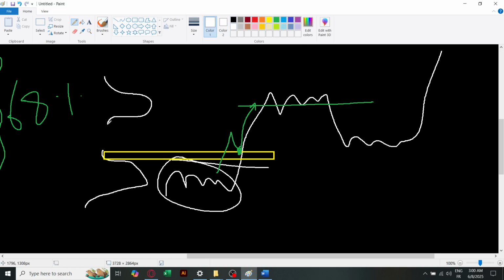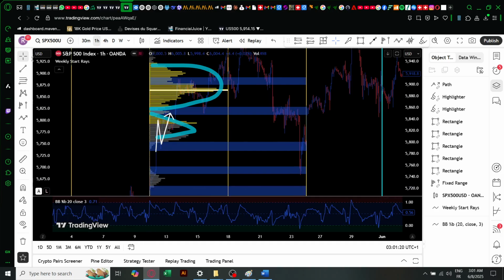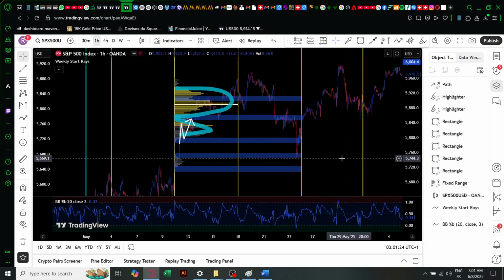I won't target the edges. But I will target the point of control because I know price is trying to look for liquidity. Price is not trying to be rejected at this level because it already broke out from this low volume node. So what I will do is target the next point of control.